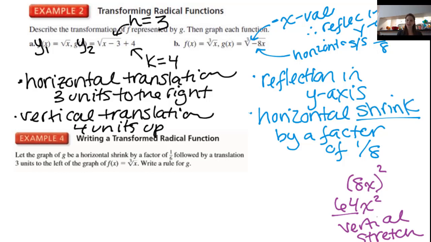You can memorize that it's a horizontal shrink if the factor, in this case 1/8, is between 0 and 1. That doesn't help me because I can never remember if it's the factor that needs to be between 0 and 1 or the coefficient of x. So that's why I have to go through that purple part. I had to write it down in my notes when I was prepping for this video. But if you can memorize it differently, that's fine.